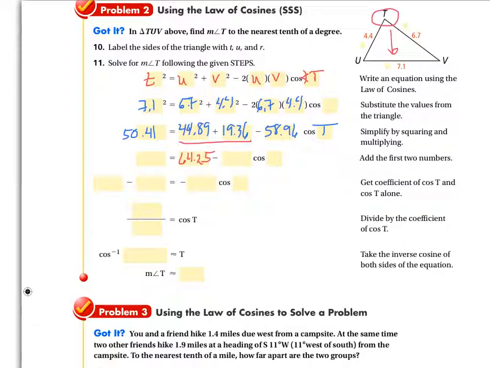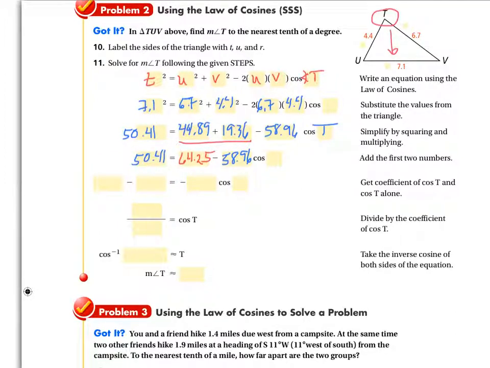We still have the 58.96, and we still have the 50.41. And then here, I don't like the way they show this, but can't I subtract the 64.25 from both sides?